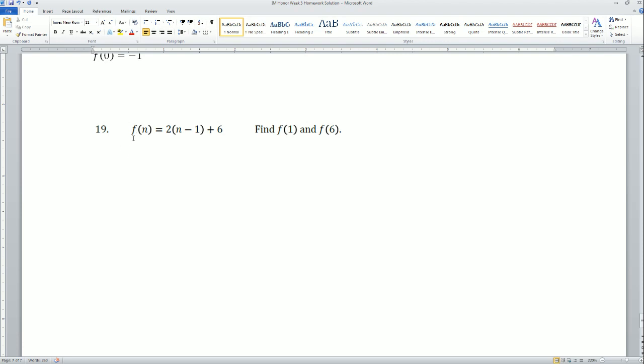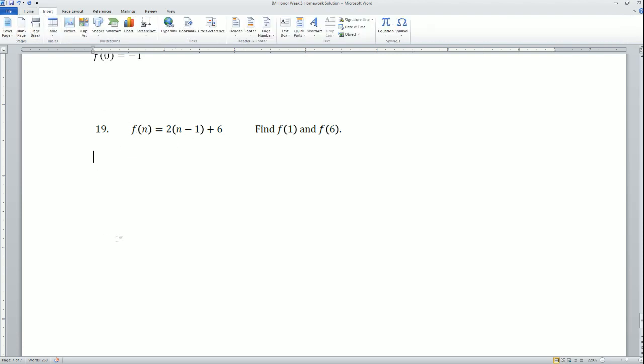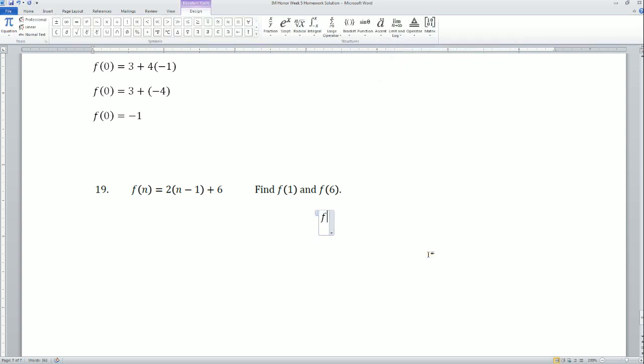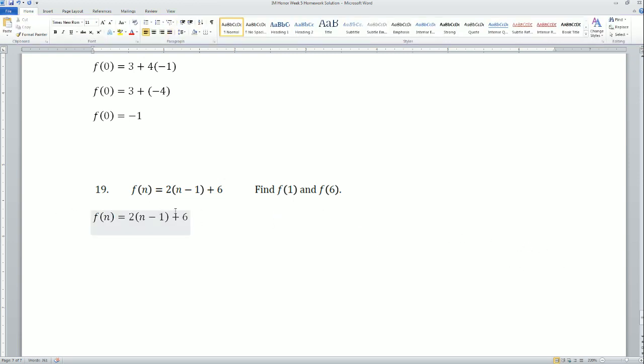Okay, good. Next one, let's do this one as well. Function of n is equal to 2 times parentheses n minus 1 close parentheses plus 6. Alright, so let's find function of 1.